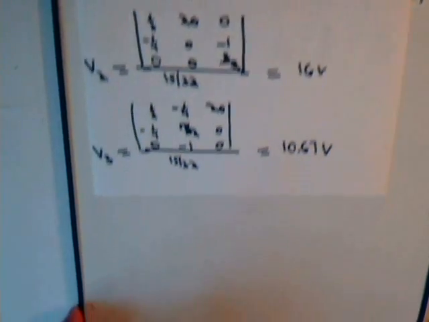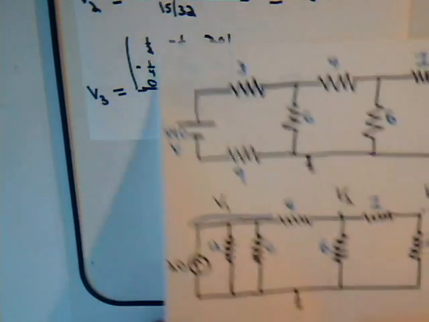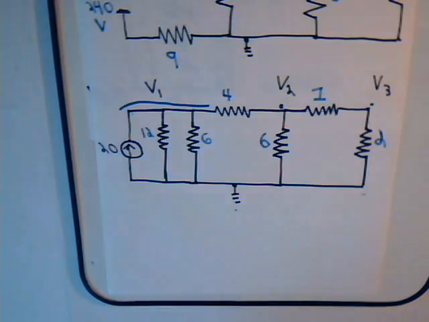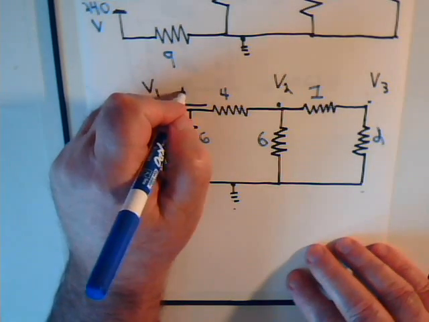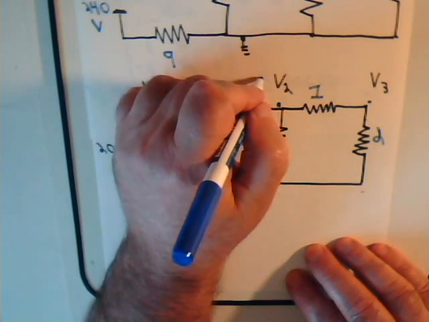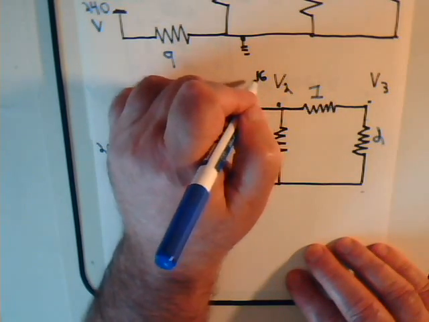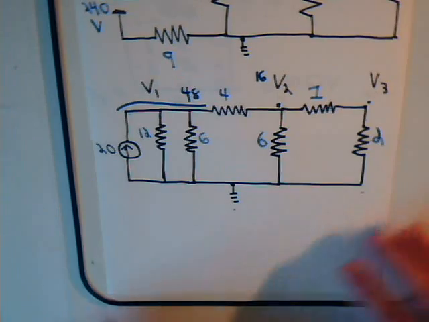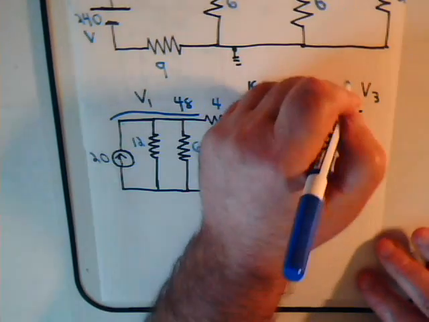So here then, we can write them in. V1 is 48 volts. V2 is 16 volts. And V3 is 10.67 volts.